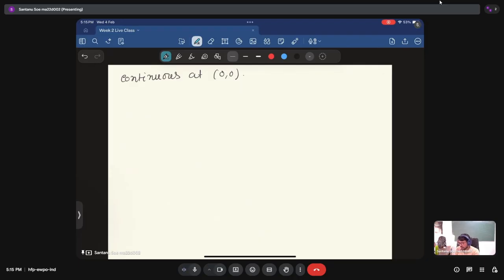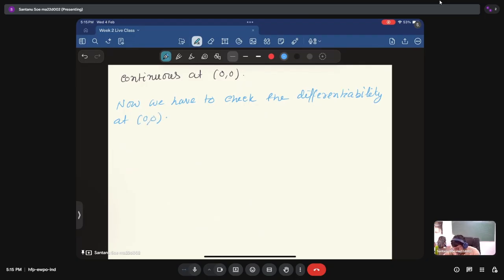Okay, so to check the differentiability, we have to go through the equivalent definition of differentiability. So now we have to check the differentiability at (0, 0).